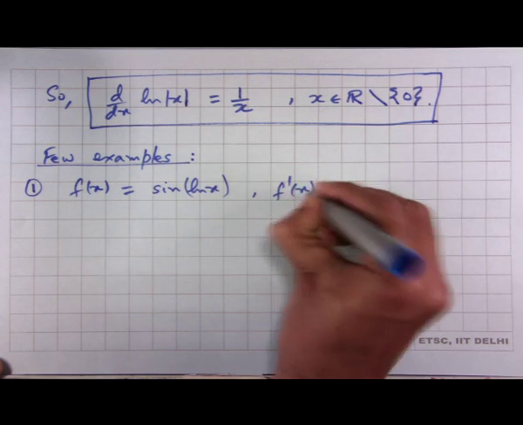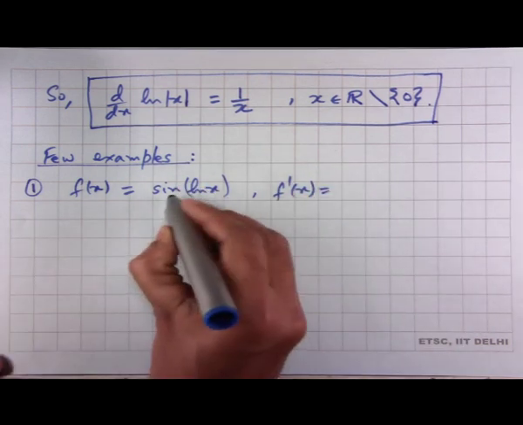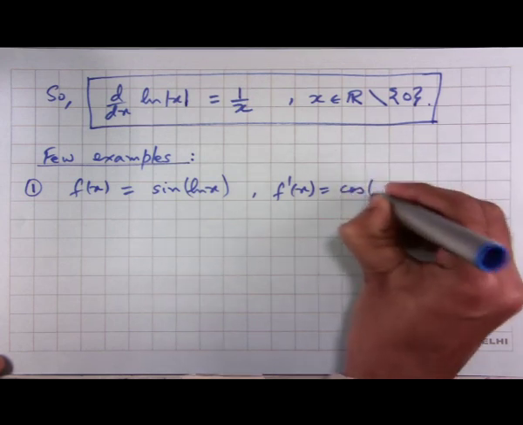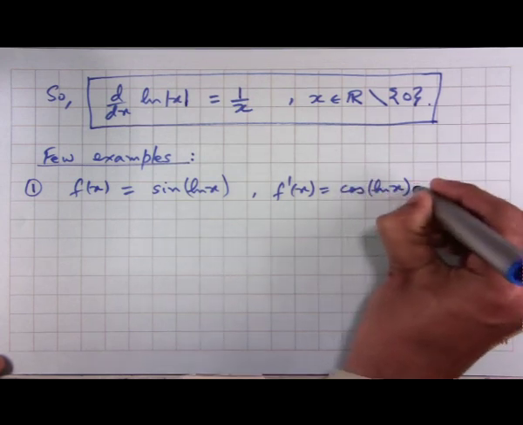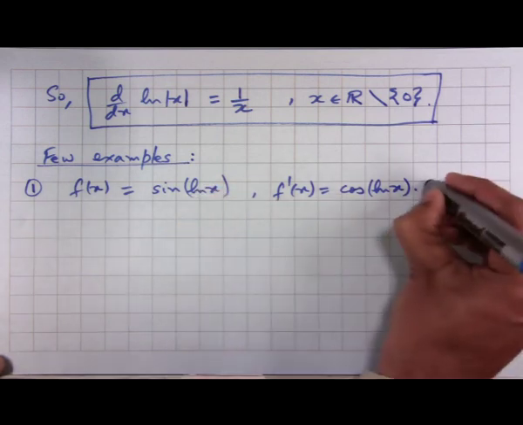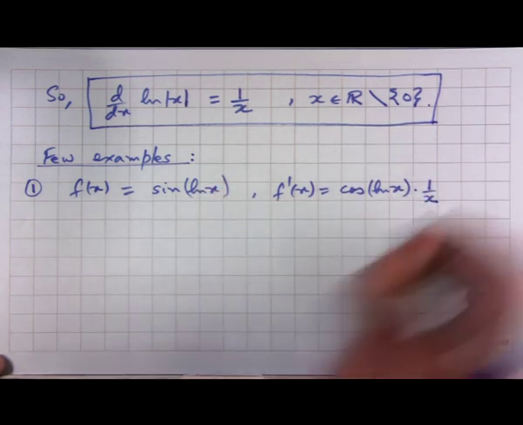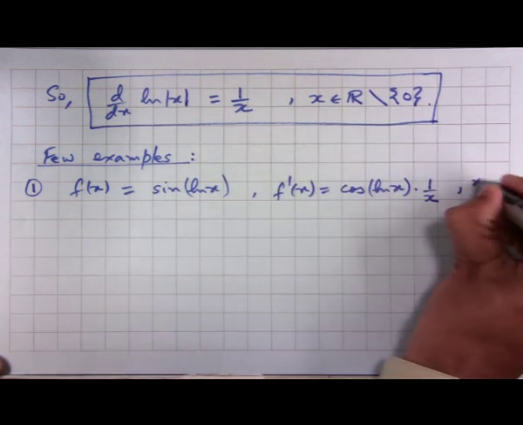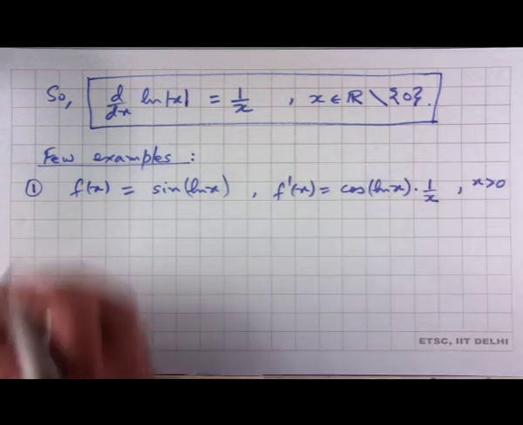We use chain rule. The derivative of sine gives me cosine, cosine log x, and then the derivative of log x with respect to x gives me 1 by x. So, this is true, and of course, this is defined for every positive x.